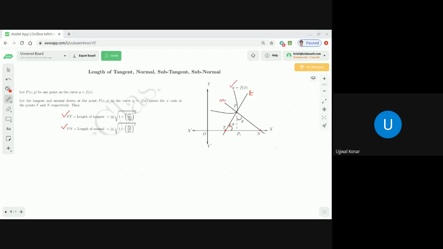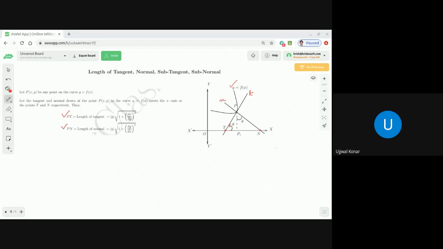Now, if you look into the diagram, dear students, let the point P1 be the projection of the point P on the x-axis. Then we can say that TP1, the length of that line segment, is called the length of the subtangent, and NP1 is called the length of the subnormal.